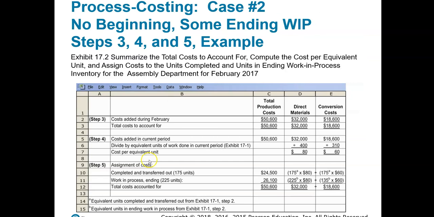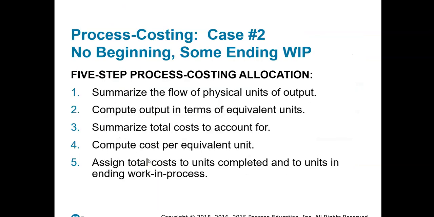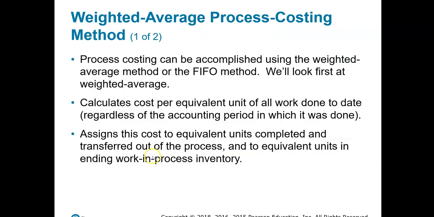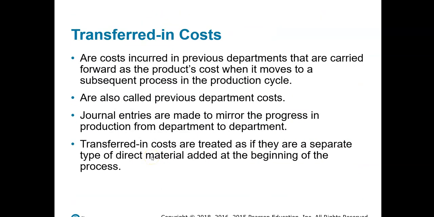The 5 steps to compute the cost allocation process are: summarize the flow of physical units, compute output in terms of equivalent units, summarize the total cost to account for, compute the cost per equivalent unit by dividing step 3 into step 2, and finally assign total cost to units completed and to the units in ending work in process. So let's go back here and pick up where we left off.